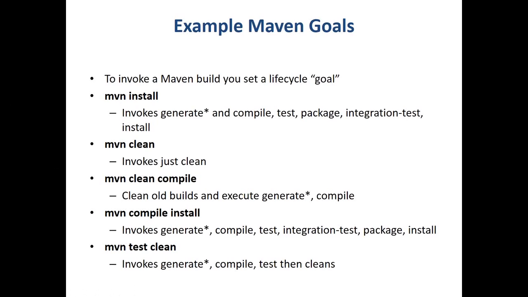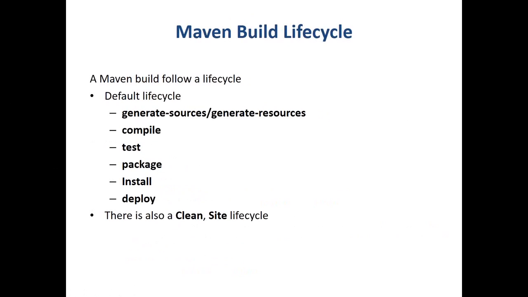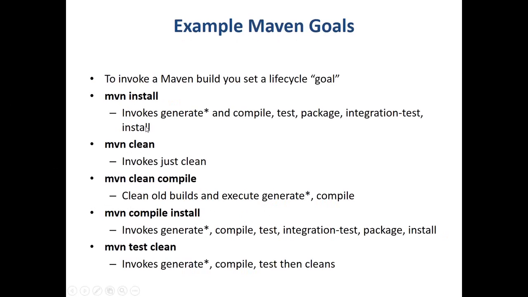And then after completing the clean, you have specified one more phase or goal called compile. And for this, it has to basically do a compilation. And before that, in the compilation, we know the order is first it will generate and then come to compile. So like that, based on the goals that you have given and based on the lifecycle phases, it is going to execute it one by one.